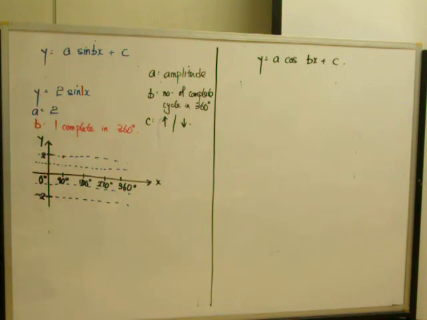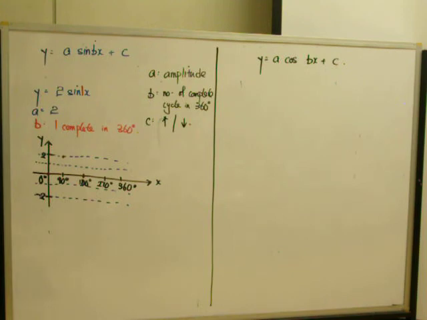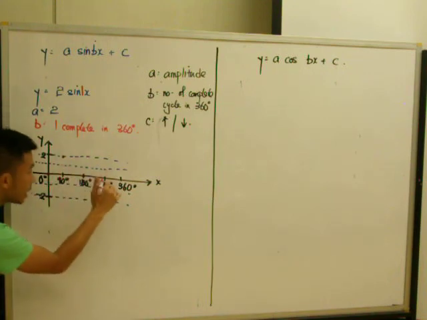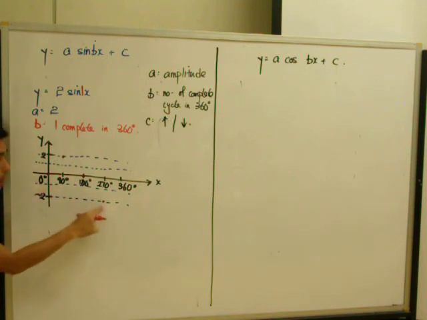Once it goes on top, the pattern is like this. From 0 it will go to maximum. After maximum it will go back to 0. Don't believe, you can press the calculator. After you go back to 0, what is the next point? Most of you know already. The next interval will be negative 2. After you go to the lowest point, you must go back to 0 again. It's very important to put all these dots out, drawn to scale.